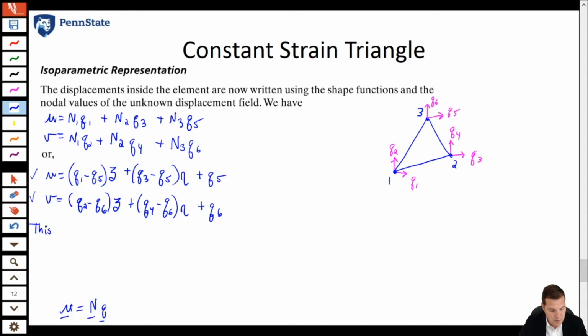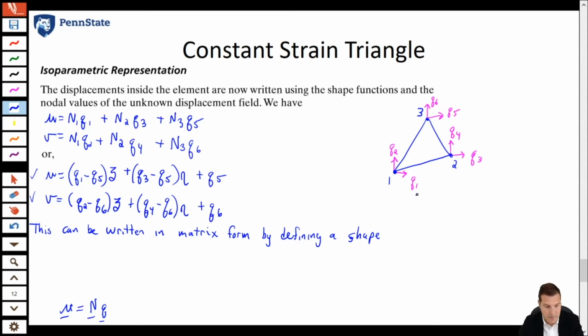So this can be written in matrix form by defining a shape function matrix. That's going to look like N. It's actually a matrix, not a vector in this case.